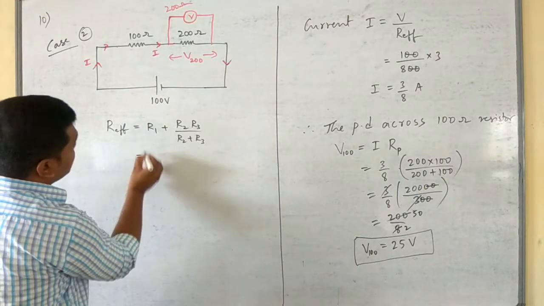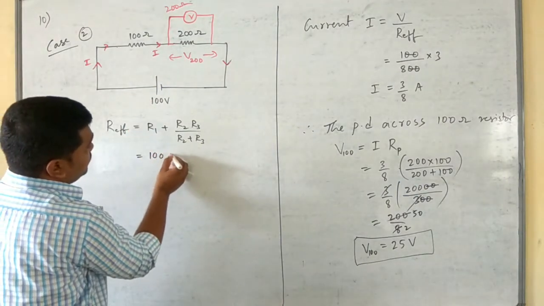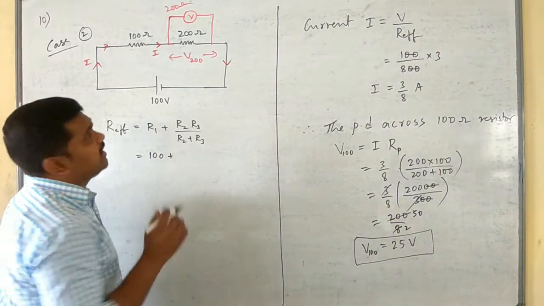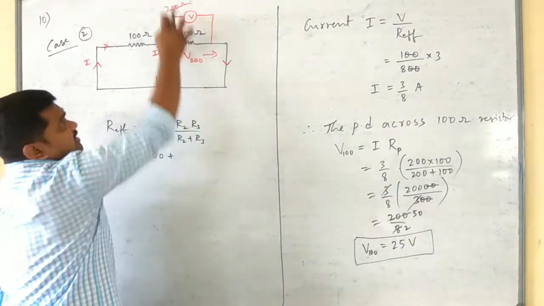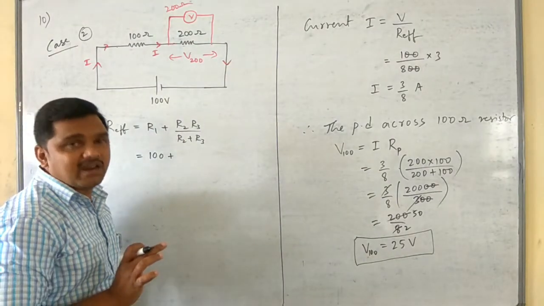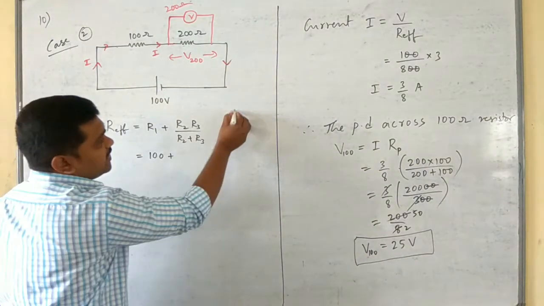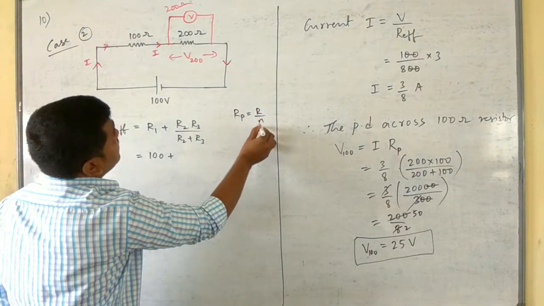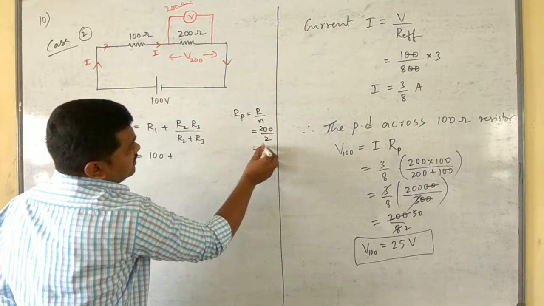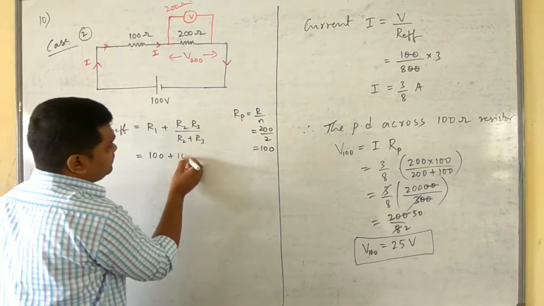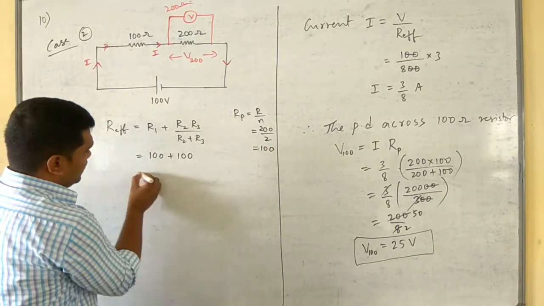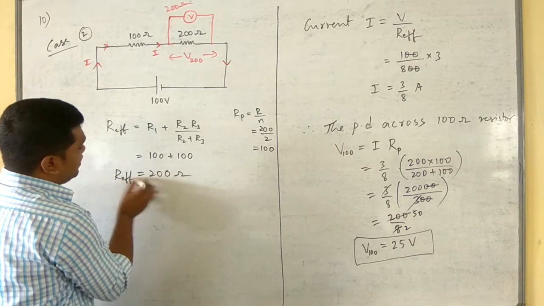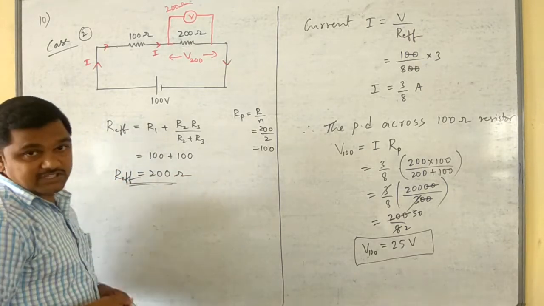So actually I have already taught it, when two identical resistors are connected in parallel, the R effective value is Rp equal to R by N, that is 200 divided by 2, that is equal to 100. 100 plus 100, so 200 ohm. So this is R effective of the combination.